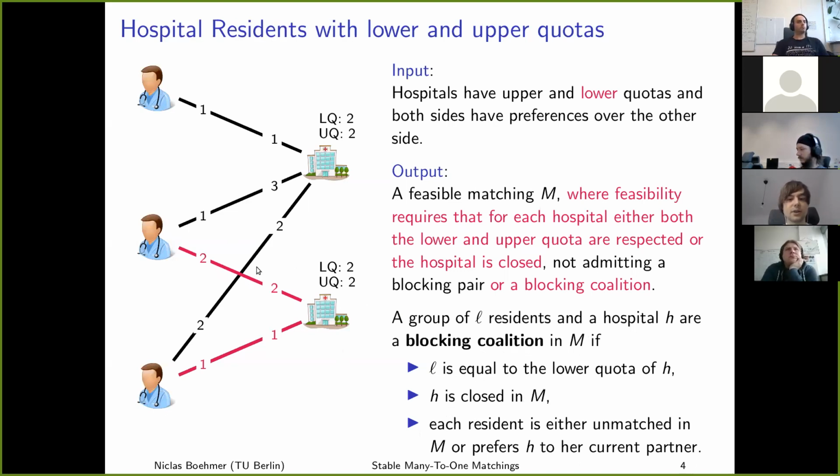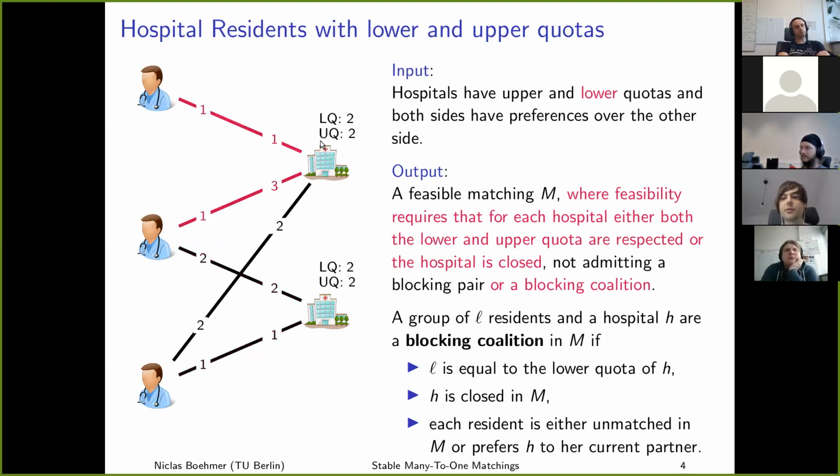So, for example, here now this is not a stable matching because there exists a blocking coalition consisting of the first resident and the second resident. The second resident prefers the first hospital to the second hospital, and the first resident is unmatched, and this means that they together form a blocking coalition to open the first hospital.